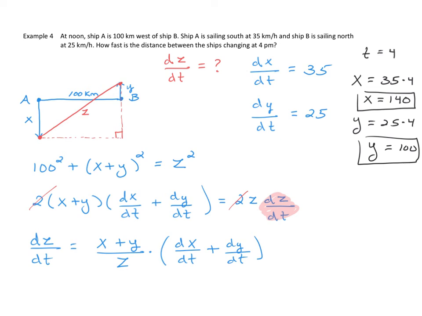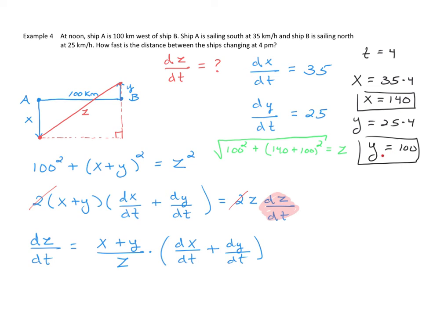Kind of running out of room, I'm going to put that here. So that is 100 squared plus 140 plus 100 squared. That's equal to z squared, which means I'll take the square root of both sides to solve for z.